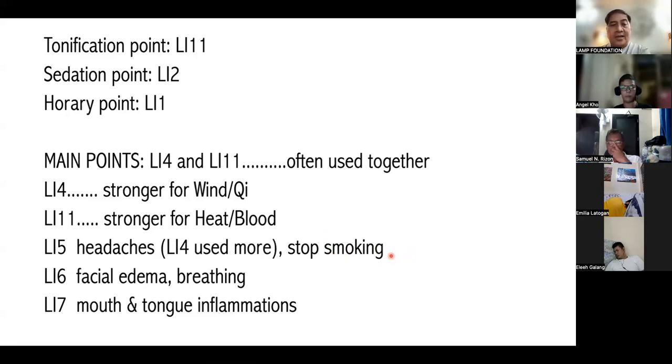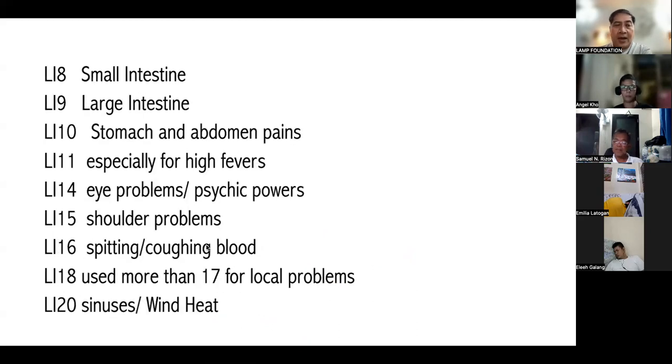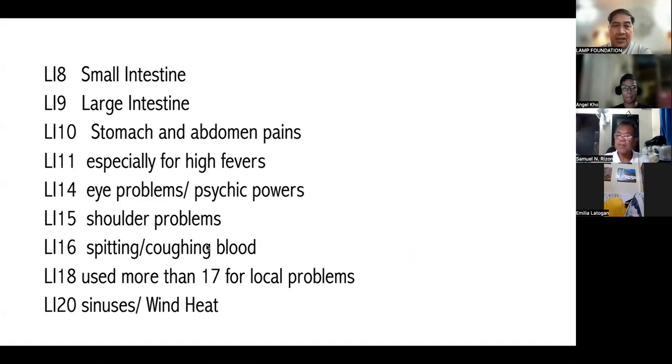LI6 is good for facial edema, breathing. And then LI7 for mouth and tongue inflammations. Okay? LI8 for the small intestine, LI9 for the large intestine. O tingnan mo, in-expand nila yung nila. Kasi small intestine and large intestine, parang magkapamilya talaga.